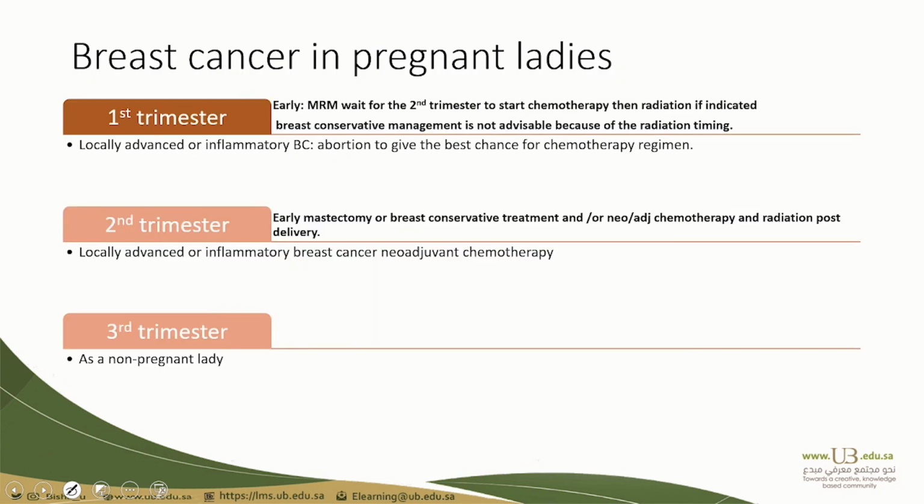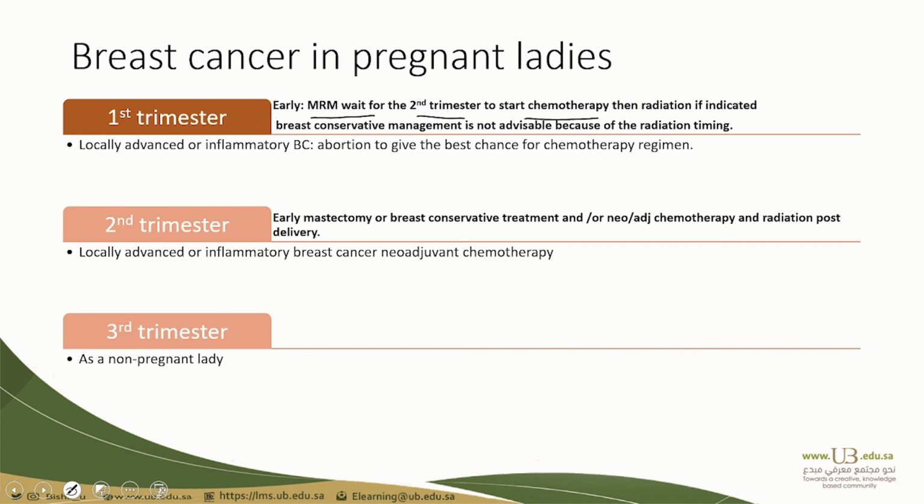Breast cancer in pregnant ladies, we can divide according to the trimester. In the first trimester, pregnant ladies who have early breast cancer can go for modified radical mastectomy and wait till the second trimester.